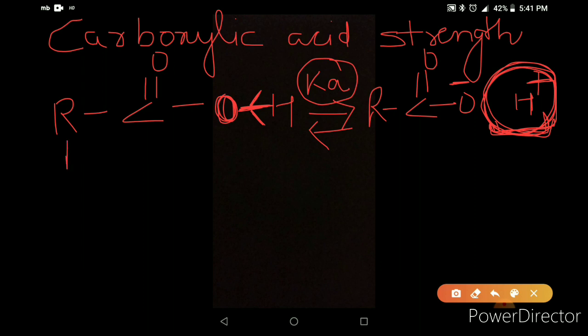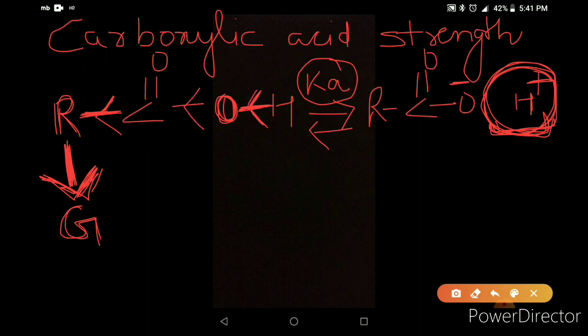Now suppose I attach some electron withdrawing group, suppose G, with this carbon group. So this electron withdrawing group will attract electrons from R. R in return will attract electrons from C, then in return from O, in return from hydrogen.